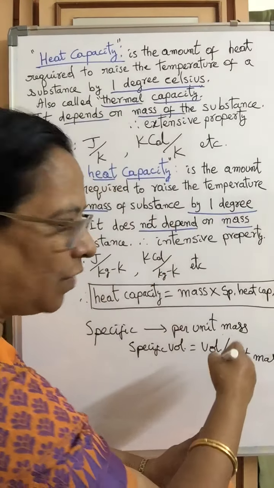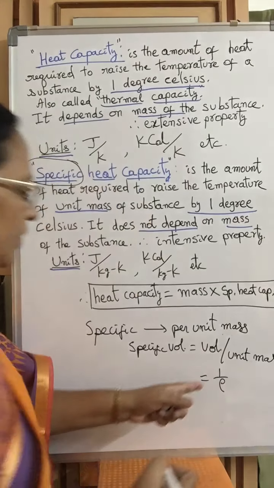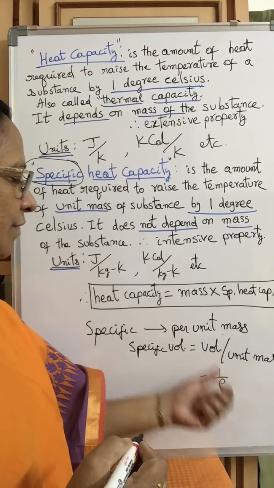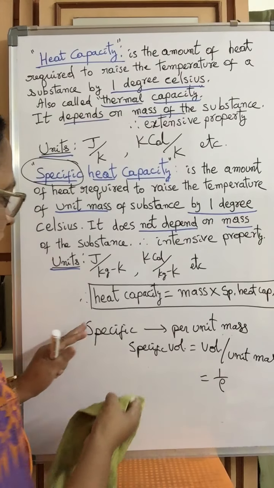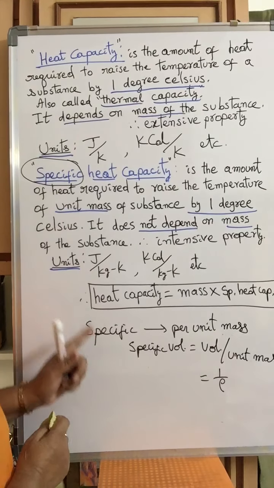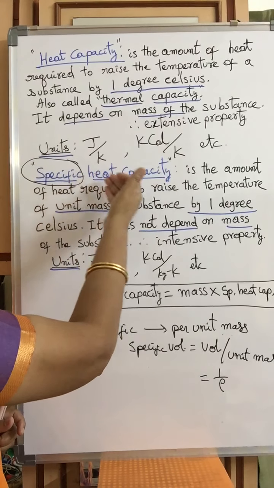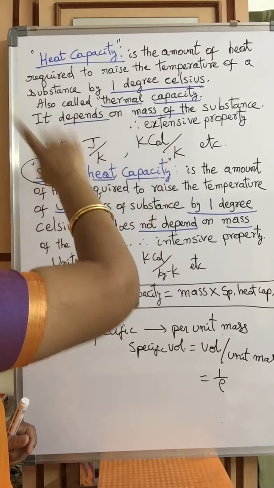Mass per unit volume is density. So volume per unit mass means the inverse of the density. Specific volume is nothing but the inverse of the density. So the word specific is per unit mass. So how can you define now specific heat capacity? Heat capacity per unit mass.